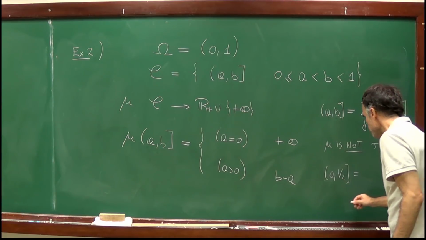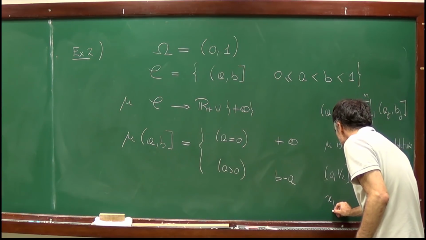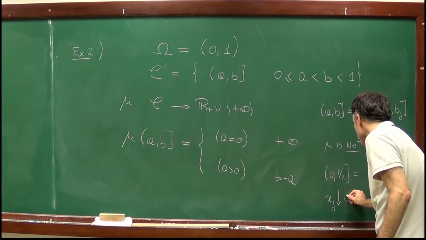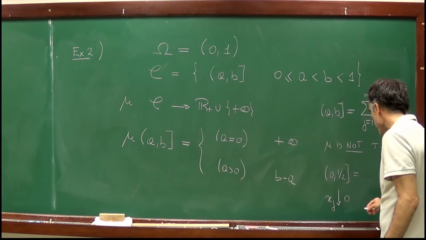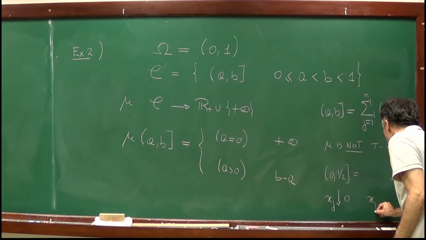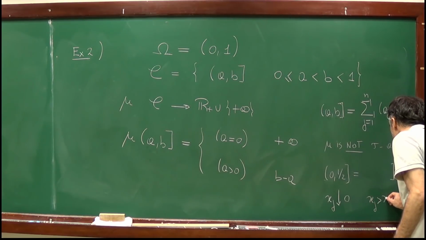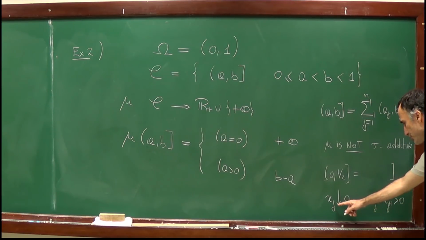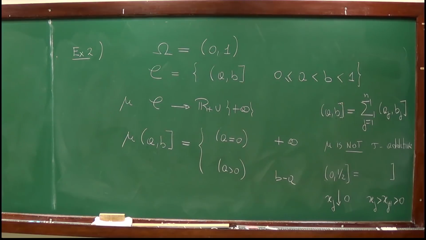If I take a sequence x_j decreasing to 0, this means that x_j is strictly bigger than x_{j+1}, which is strictly bigger than 0, and that x_j is converging to 0.